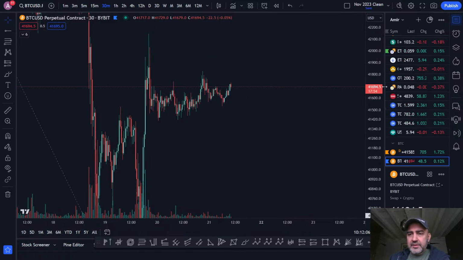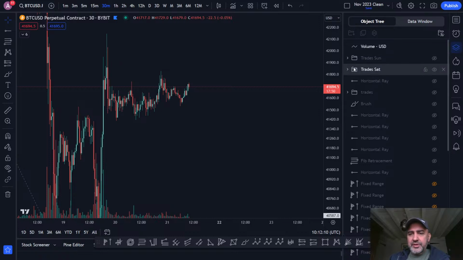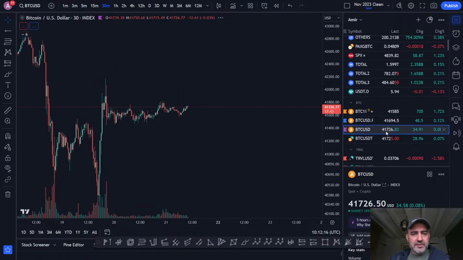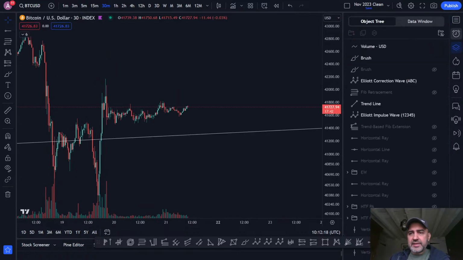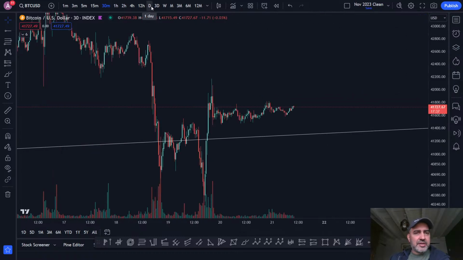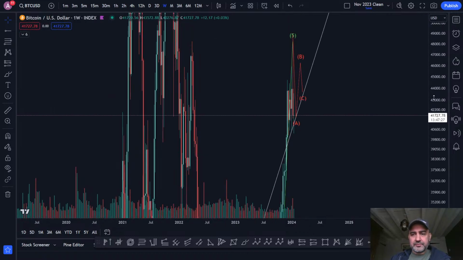He was using the Coinbase Bitcoin chart. I use the index for my Elliott waves, just because I like to have more information. Coinbase only goes back to 2015 or 16 or something like that, and with the index it goes back further.